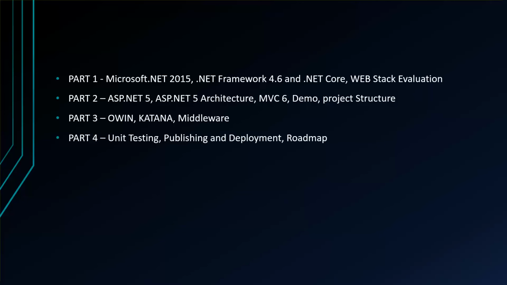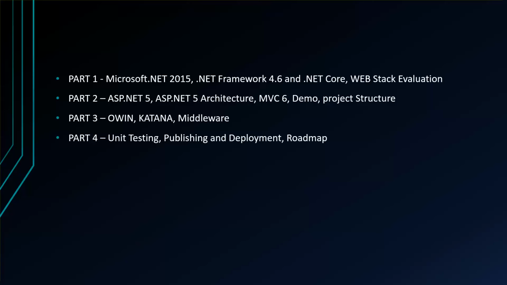I have divided this MVC 6 video series into 4 videos. Video 1 is specially for Microsoft .NET 2015, .NET Framework 4.6, .NET Core and Web Stack Evolution. Part 2, video 2, contains ASP.NET 5, ASP.NET 5 architecture, MVC 6, and the project demo and project structure.